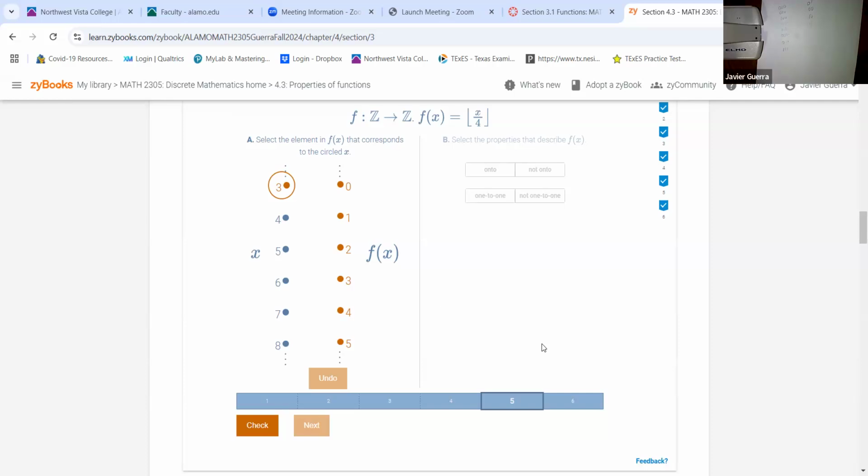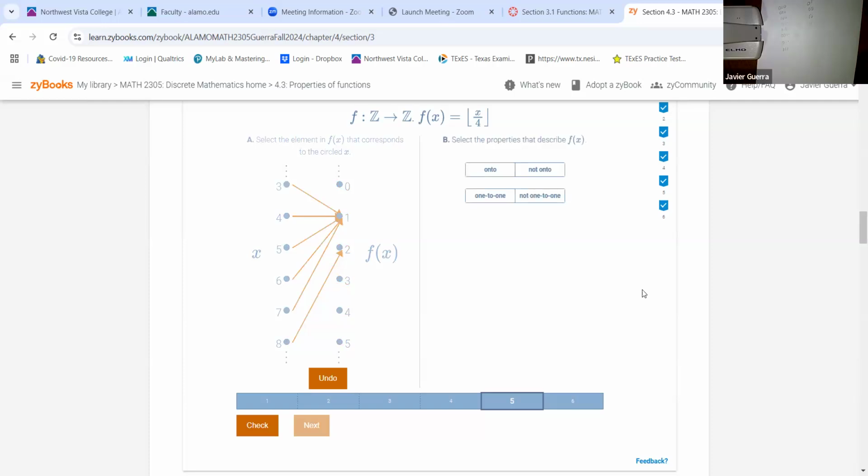All right, so we have a floor. Okay, so floor. 3 is 0.75... 0.75 is 1. 4 is 1. 5 is 1. 6 is 1.5, which is 1. 7 is 1. 8 is 2.